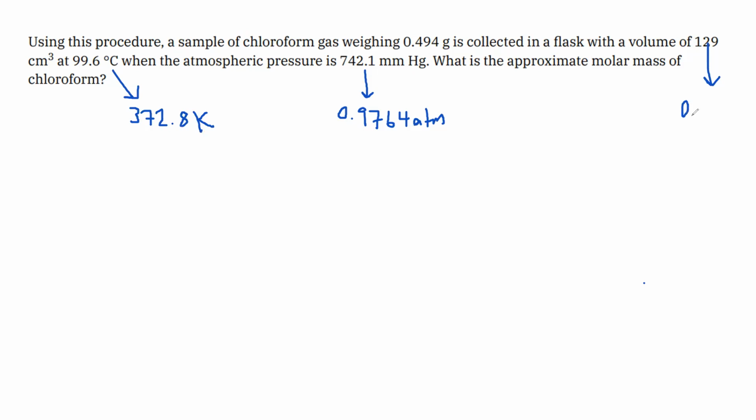So if we've got 129 cubic centimeters, we have 129 milliliters, which means we've got 0.129 liters, because our gas constant is going to be liter atmosphere per mole Kelvin. But now that we've changed those units, we've got mass. So we'll do mass times the gas constant times temperature divided by the pressure and volume to get the molar mass. So let me just erase this because we'll have the equation on the next one.